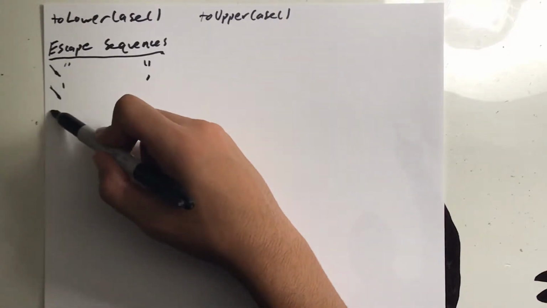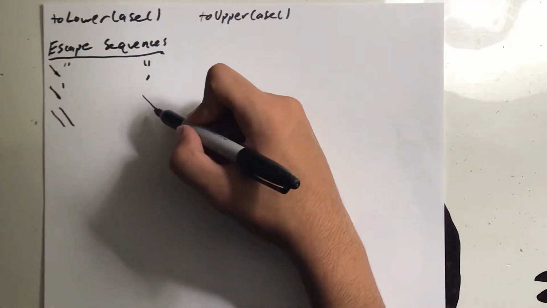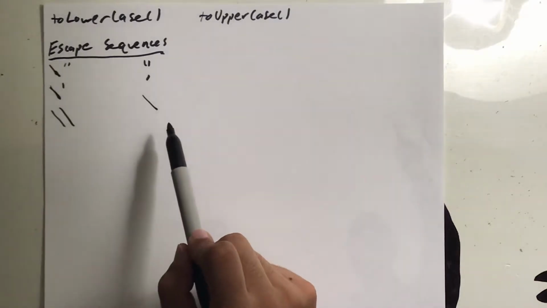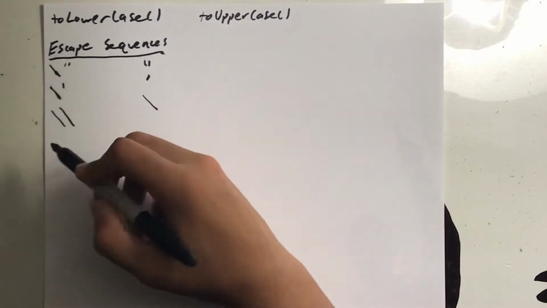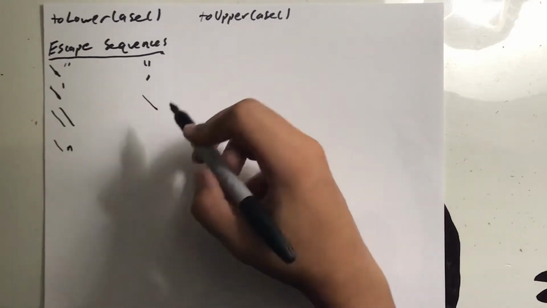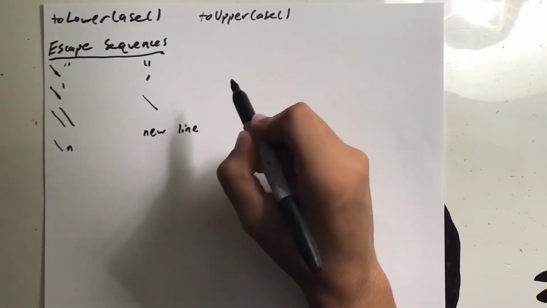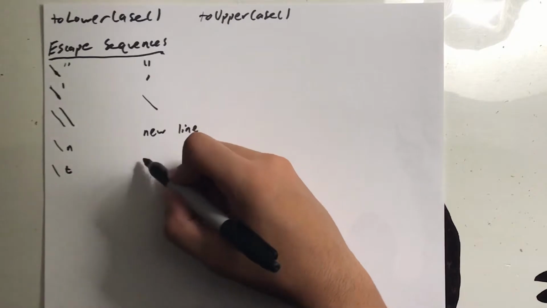Now, what if you wanted to print a backslash? Okay, this is a really tricky one. If you see two backslashes, it's only going to print one backslash in a string. Backslash n means new line. You create a new line. Backslash t is tab.